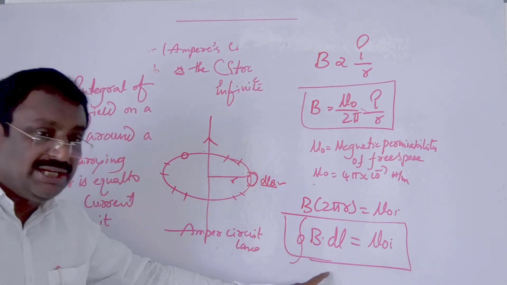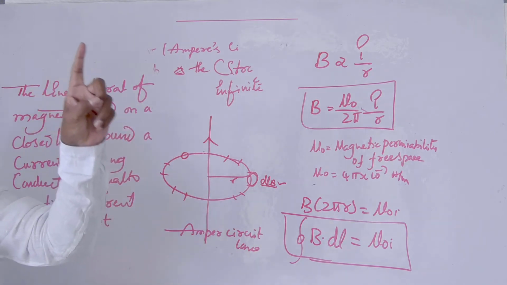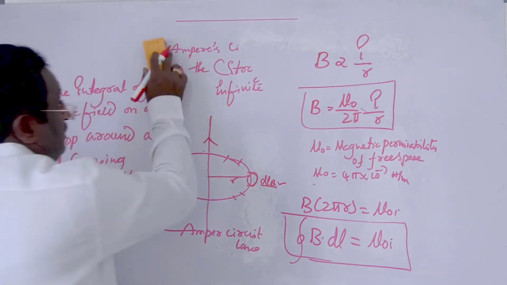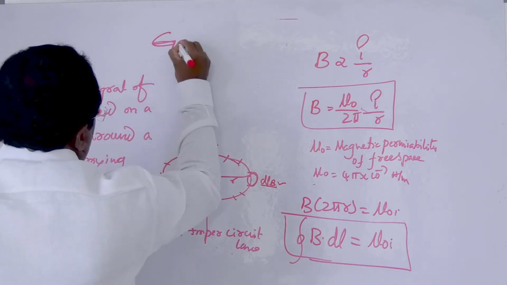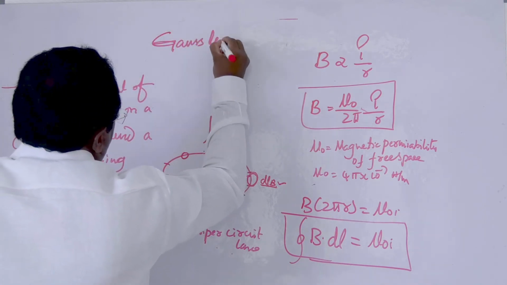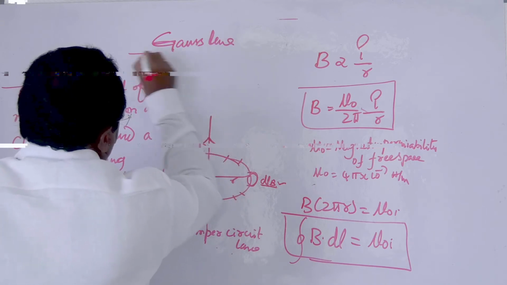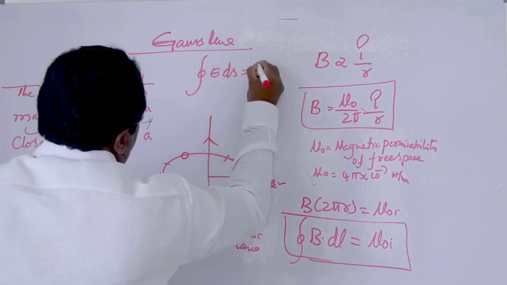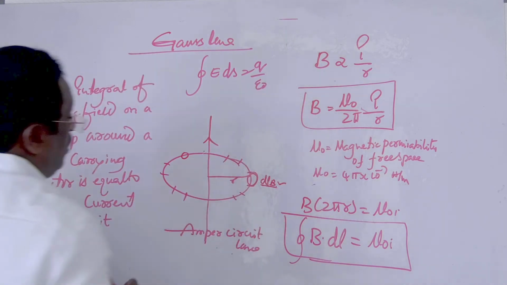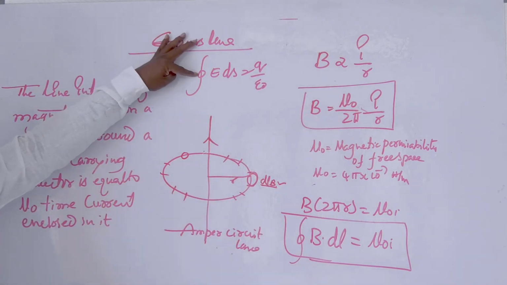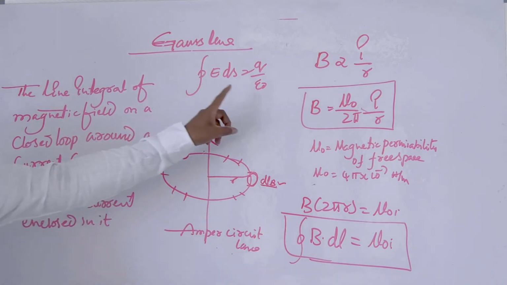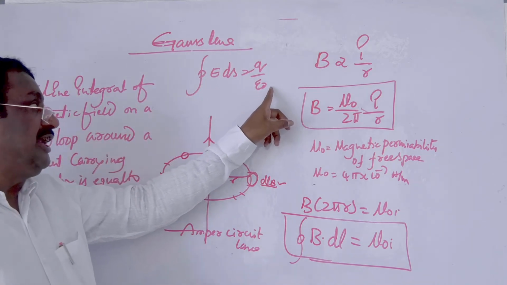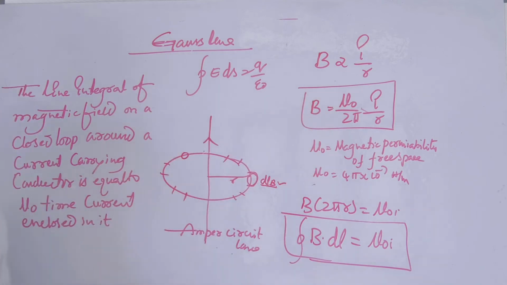This law is similar to Gauss's law in electrostatics, which you people studied. What is it? The electric flux passing through a closed surface is equal to 1 by epsilon naught times the charge enclosed in it.